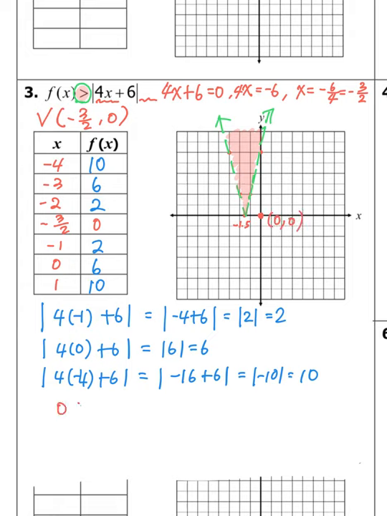So 0 greater than the absolute value of 4 times 0 plus 6. So 0 is greater than the absolute value of 6, which is 0 is greater than 6. Is this true? No, this is not true, so we're going to shade the other area.